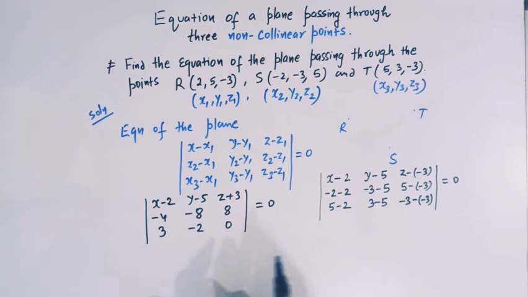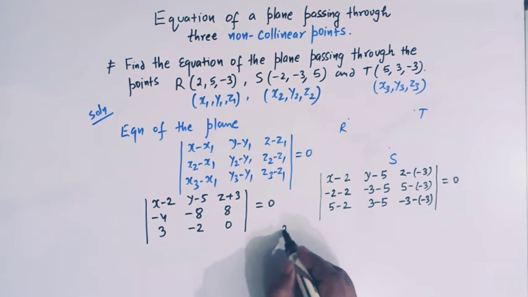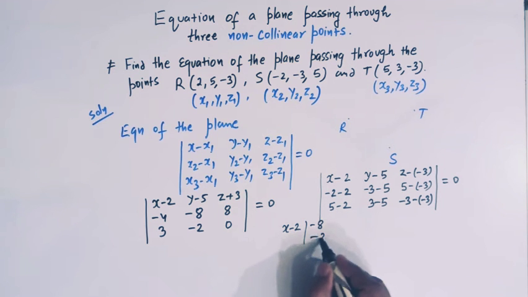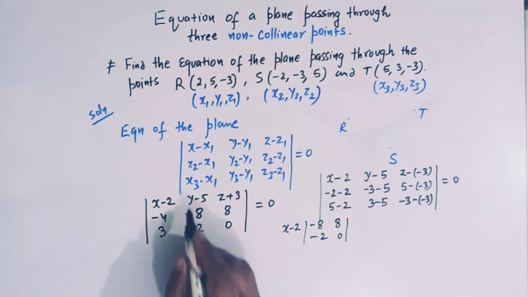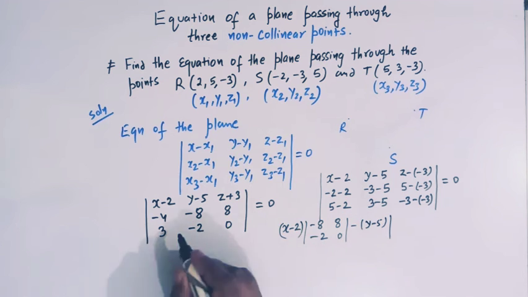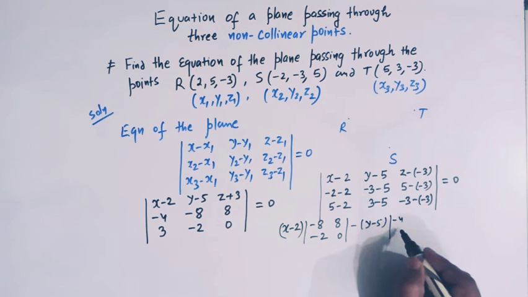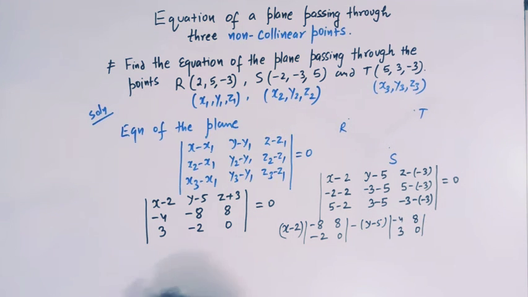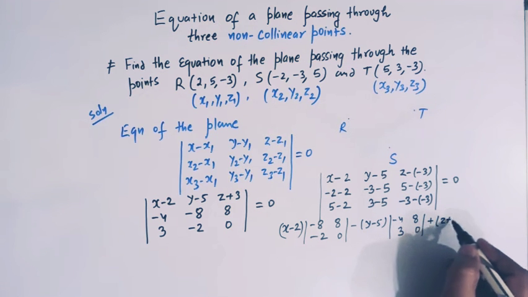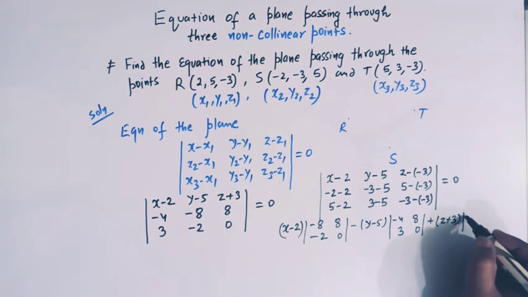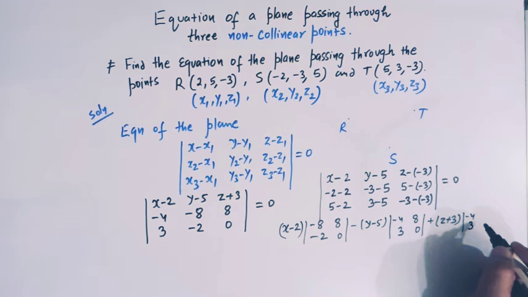Now we'll expand this determinant. We have (x minus 2) times the determinant of minus 8, 0, minus 2, 0, then minus (y minus 5) times the determinant of minus 4, 3, 8, 0, and then (z plus 3) times the determinant of order 2: minus 4, 3, minus 8, minus 2, equal to 0.